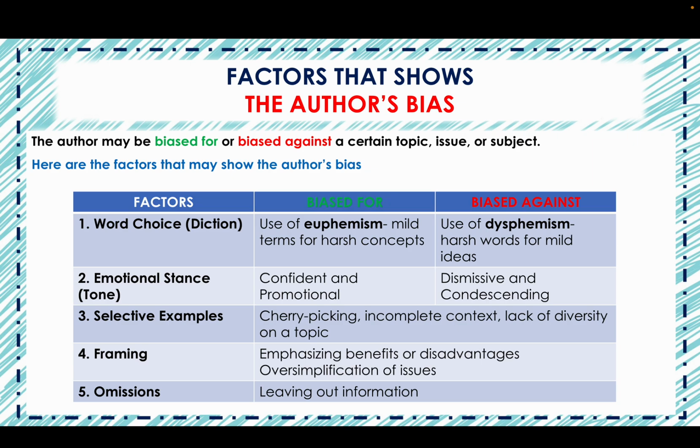You can pause this and read it. I want you to observe this on the texts, articles, speeches, or editorials that we will be reading after this topic. So always look at the factors.